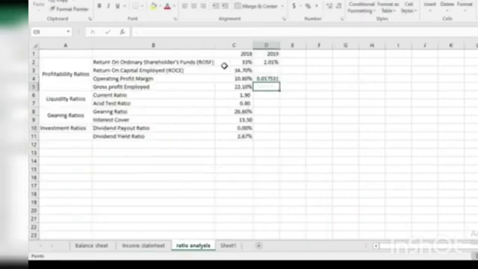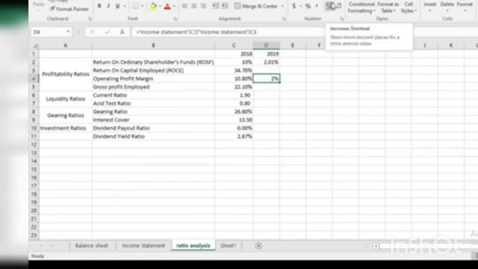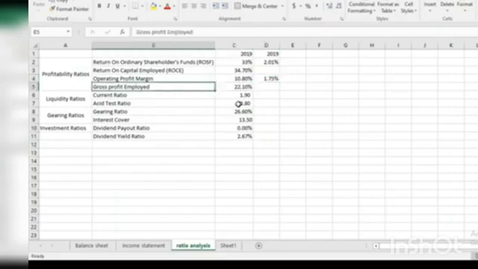The answer is in numbers, so we will convert it into a percentage and use the decimals, and the answer is 1.75%. So this is the value of the operating profit margin. So we have two values, ROSF and operating profit margin.